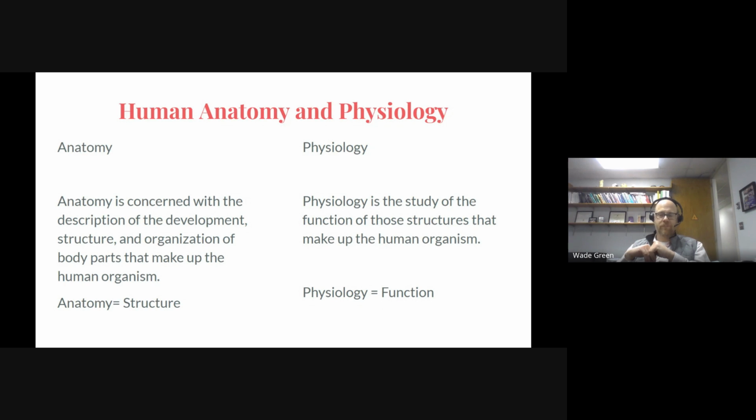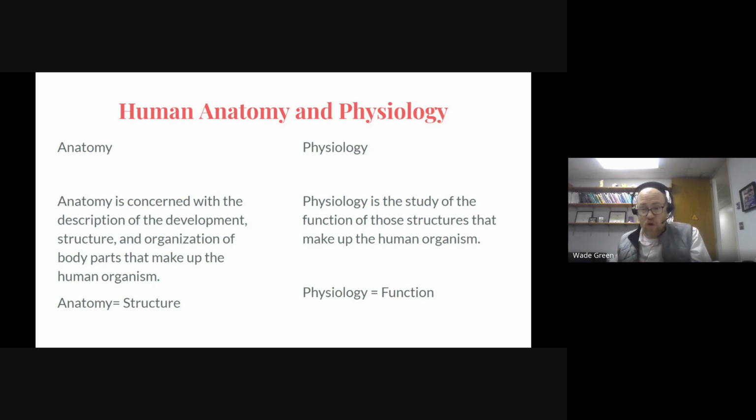So let's say, for example, we're talking about the physiology of the heart. We might describe the heart as having two top chambers called atria, and two bottom chambers called ventricles. And we might describe both the pulmonary and aortic semilunar valves and the bicuspid and tricuspid valves, right? And so that's the anatomy.